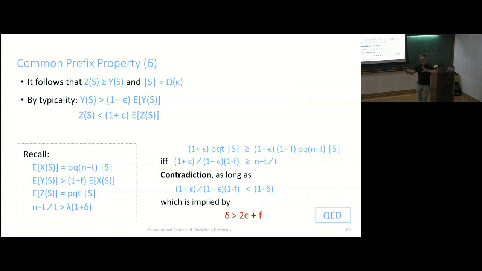So we have a bunch of parameters, right? We assume a bad situation happens, and we see what the conditions are to be satisfied with all these parameters, and that's a contradiction according to what we assume. Okay, so it's a very detailed proof, but that's just to give you an idea of how things work.